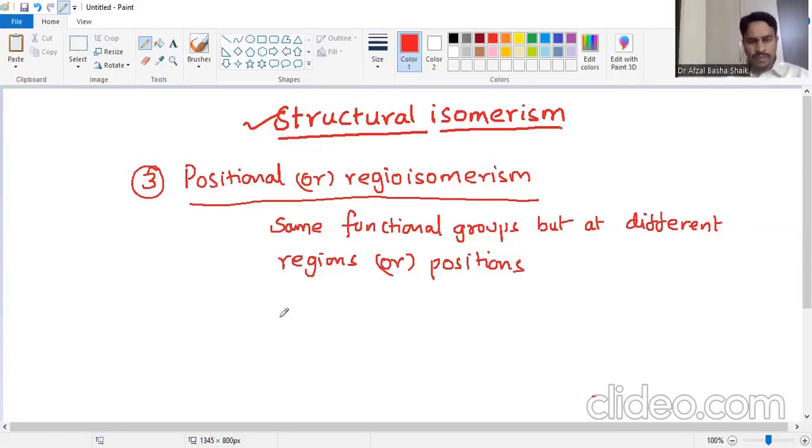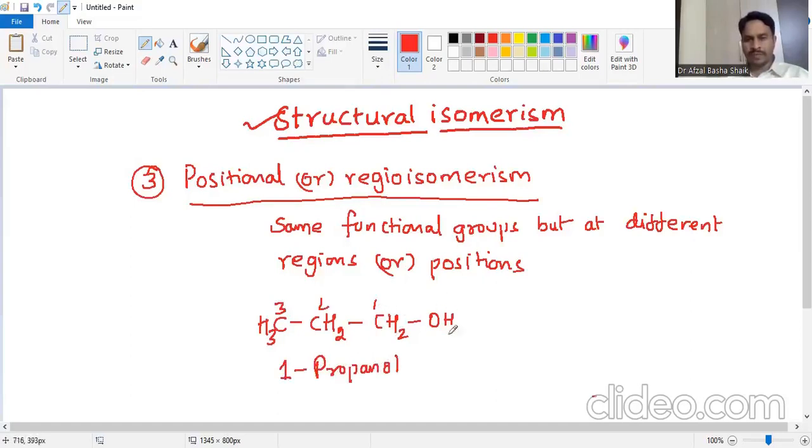So here, simply, if you take one molecule like propanol, 1, 2, 3. This molecule is called 1-propanol, because at the first position, or the first region, you have a hydroxy group. Similarly, CH3, CH4, this molecule, if you see, this is 1, this is the longest possible chain.